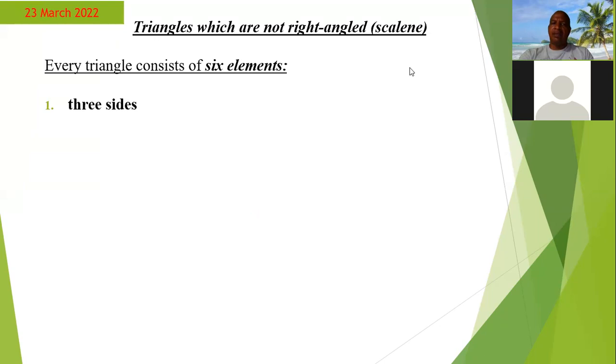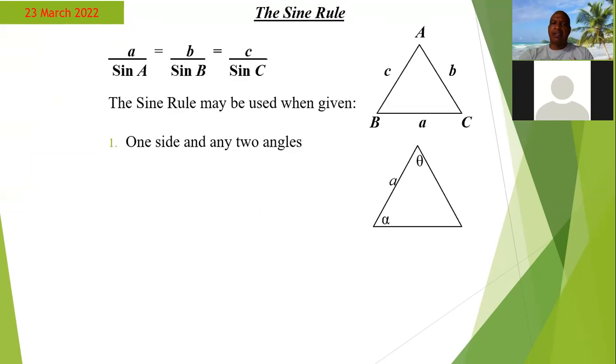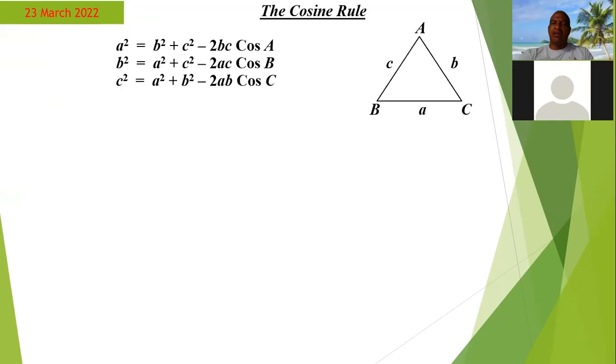All right, so here we are again. So that is the sine rule. But now we have the cosine rule, here in 3 different equations. All right, so let me explain how we use the cosine rule.